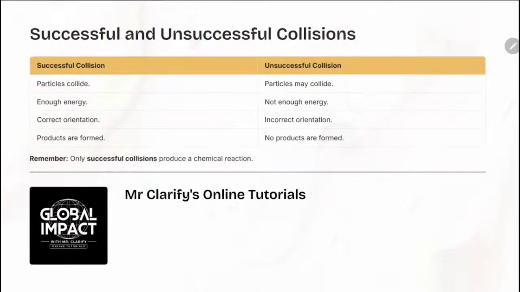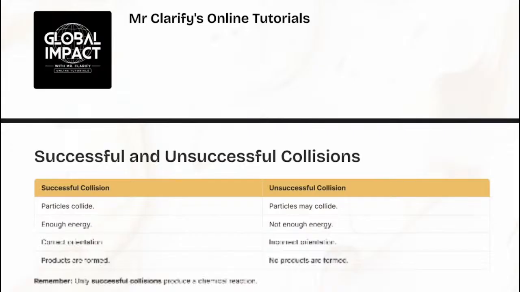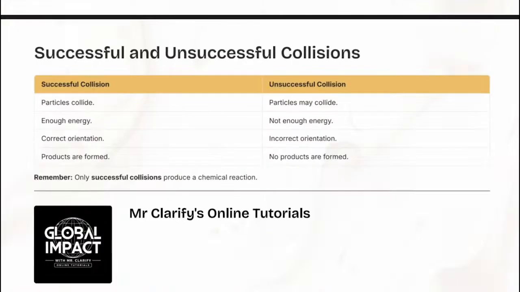So, what is the difference between a successful and an unsuccessful collision? For us to say we have a collision, that means condition number one has been met. Particles have collided. But we said all three must happen. They must collide, and they must collide with enough energy and in the correct orientation. In unsuccessful collisions, particles may collide, but they may not have enough energy, or they may be in the wrong orientation.